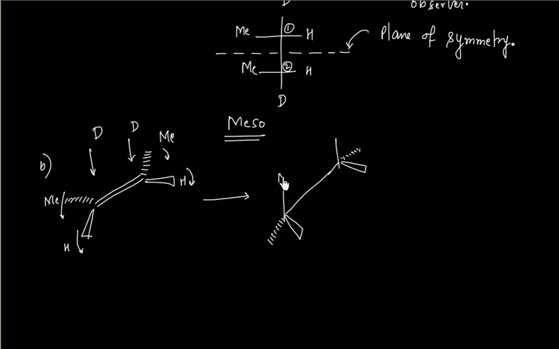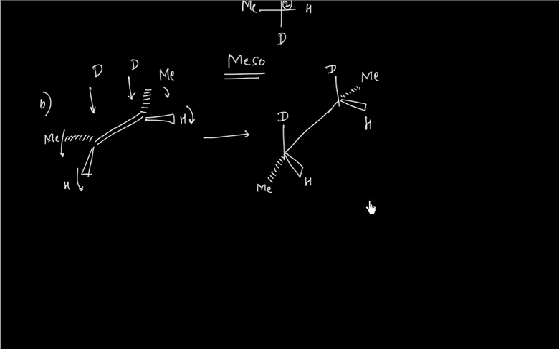Now here we have deuterium, here also we have deuterium. So this methyl is here, this methyl is here, hydrogen is here, hydrogen is here.